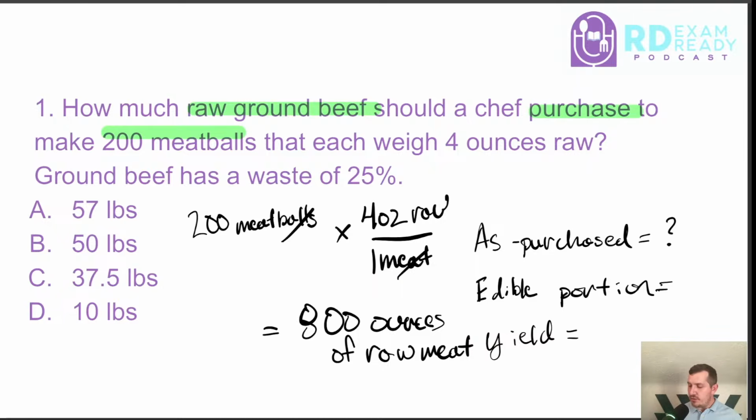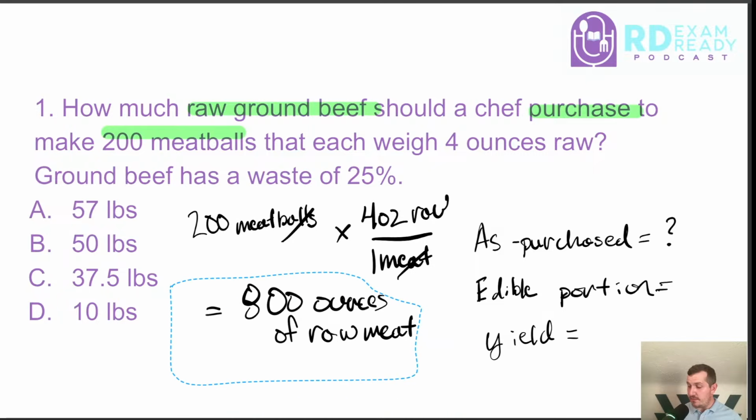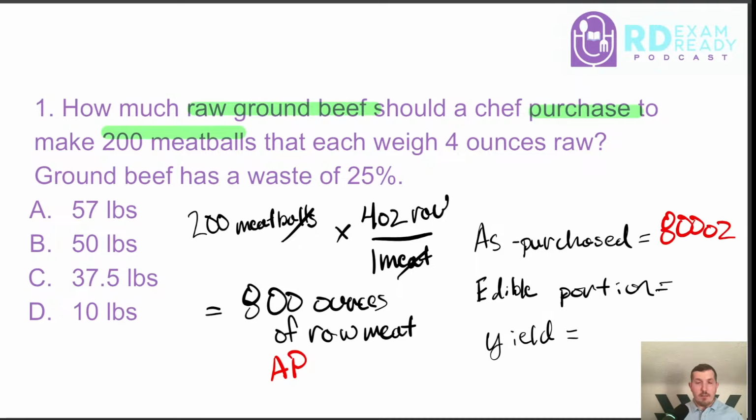So what you've actually just found there, folks, is the as purchased. Right here, what you just found was your AP. So this as purchased that you are looking for here is 800 ounces, meaning you didn't even have to use your edible portion and you didn't even have to use your yield.